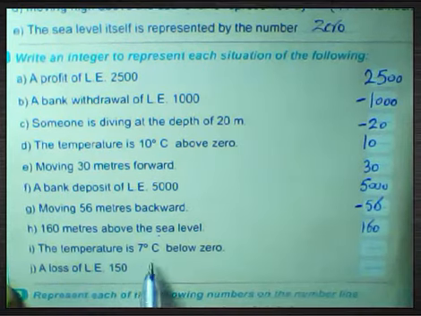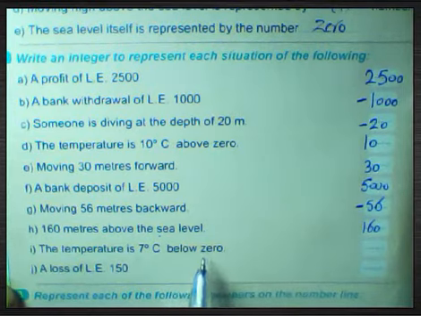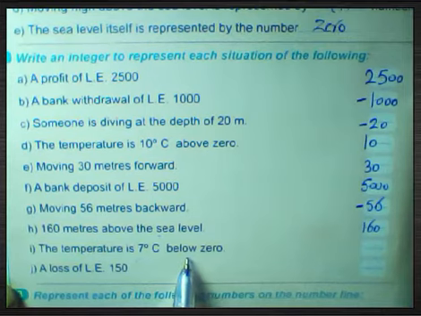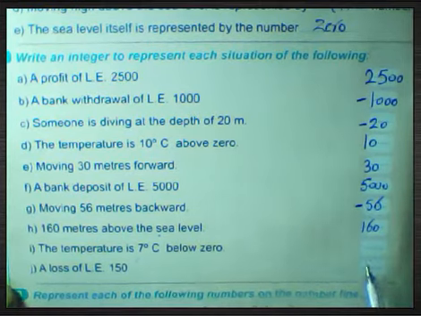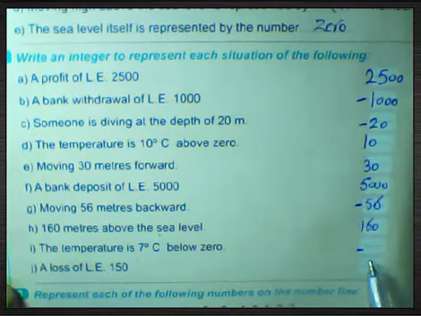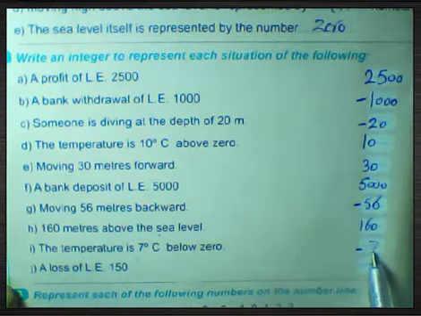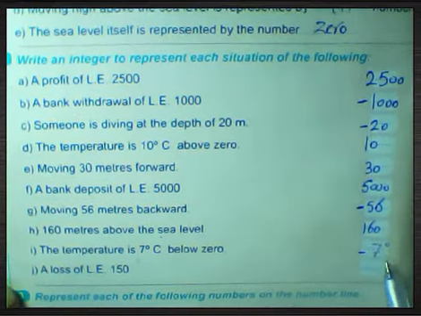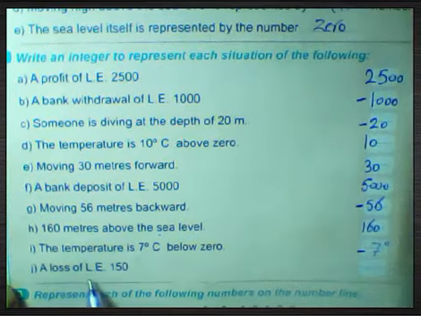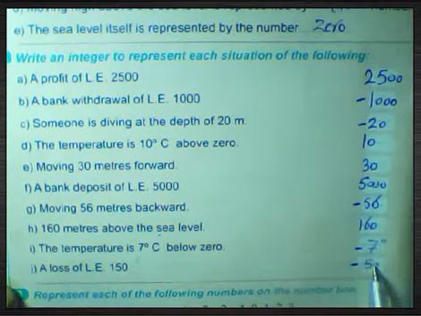The temperature is 7 degrees C below zero, it will be negative, negative 7 degrees Celsius. A loss of 150 lira, negative 150.